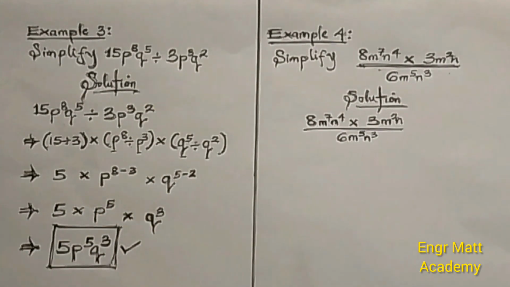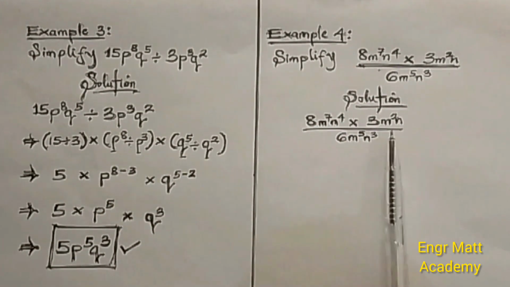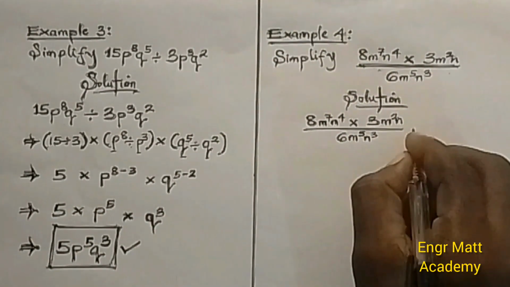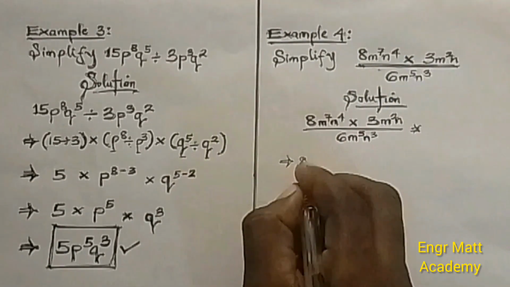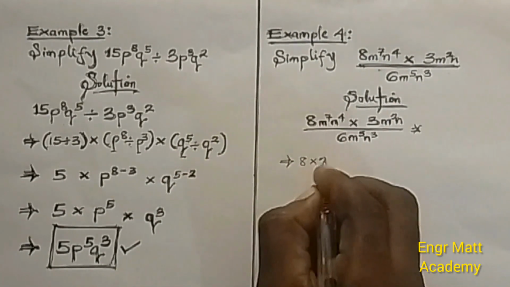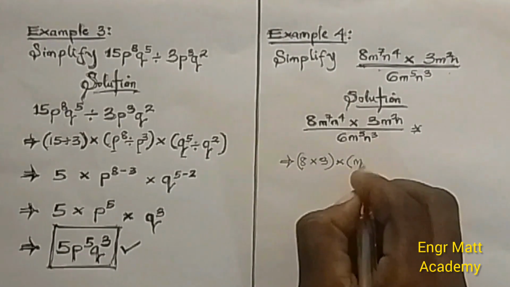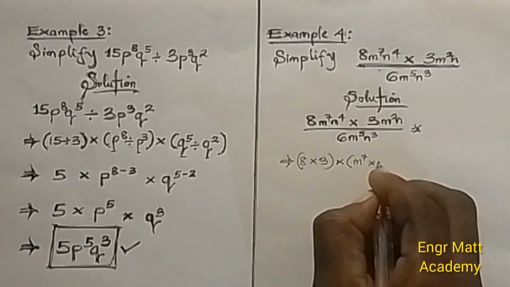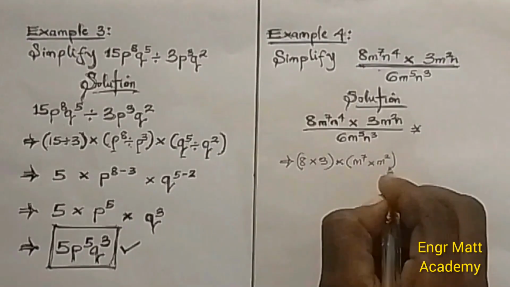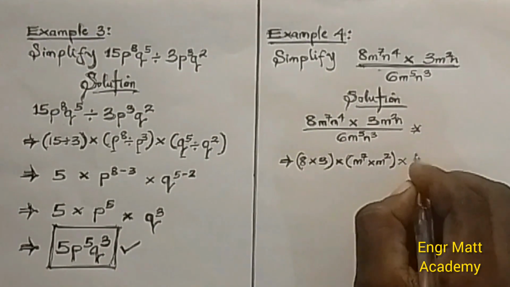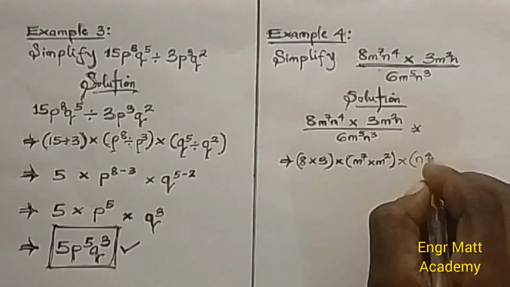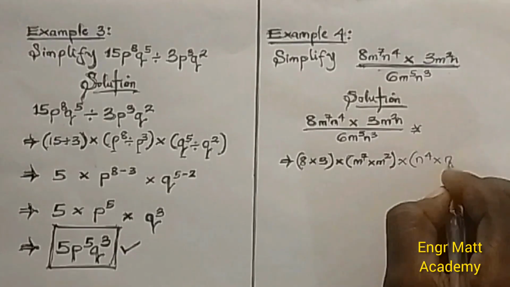The next step is to handle the multiplication part. So we say 8 times 3 times m raised to power 7 times m raised to power 2 times n raised to power 4 times n.